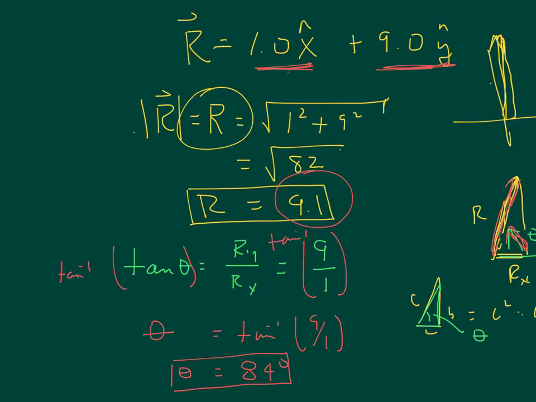We looked at a simple triangle and did the tangent and took the inverse of the tangent to find theta, and we found that vector R has a magnitude of 9.1 and it makes an angle of 84 degrees with the x-axis. And written in standard vector notation, we get R equal 10 in the x direction plus 9 in the y direction.